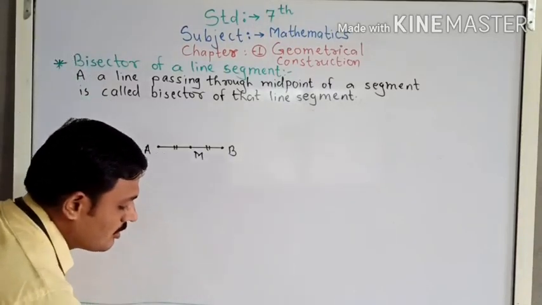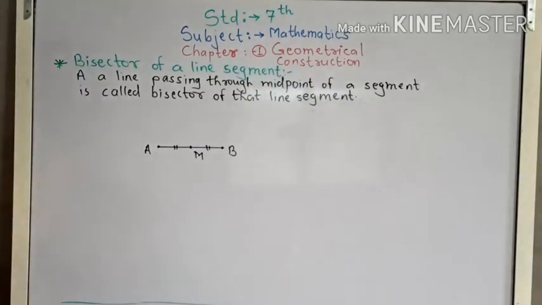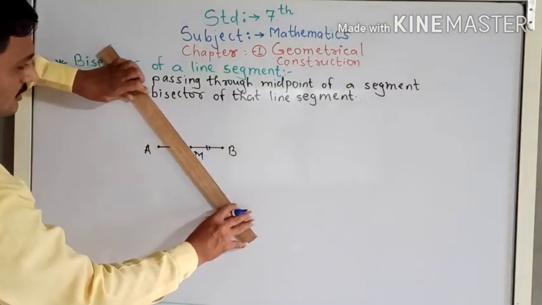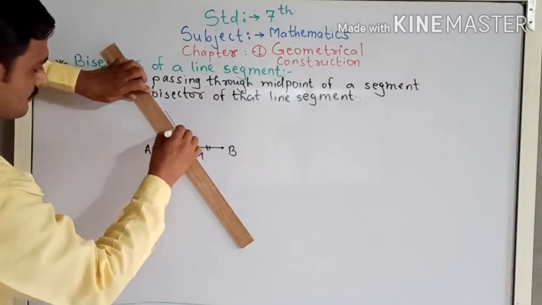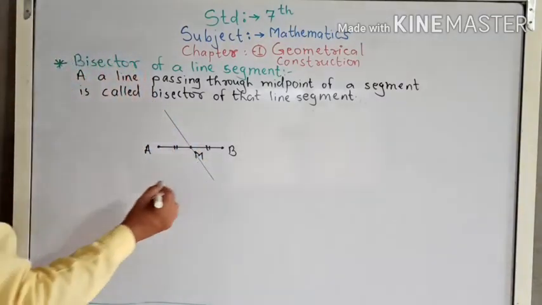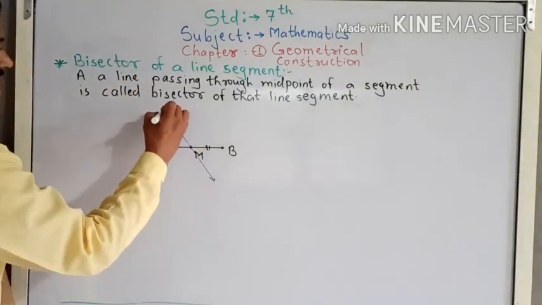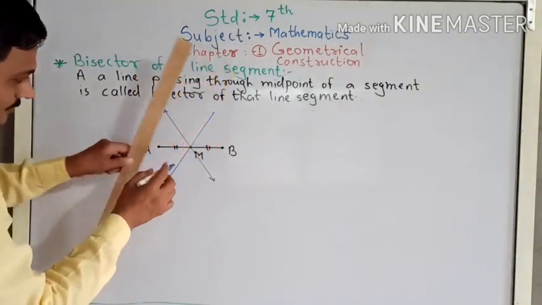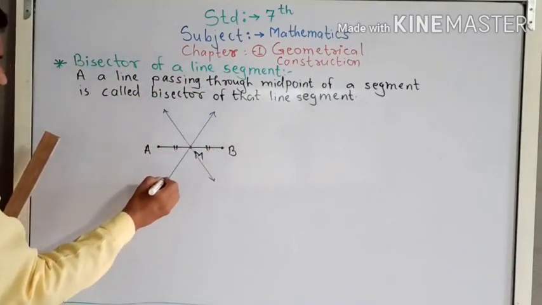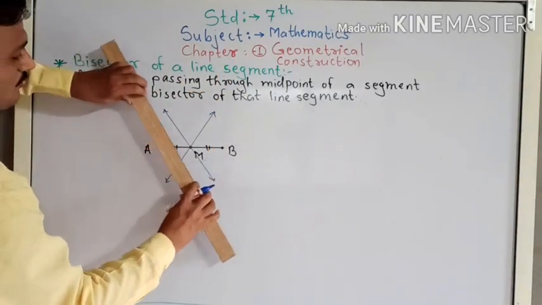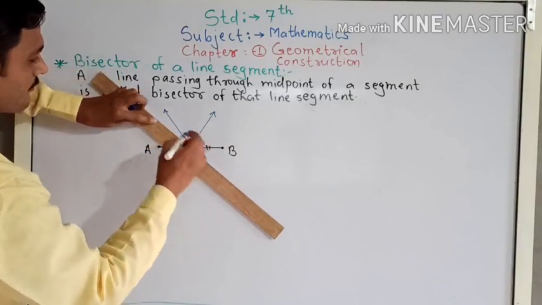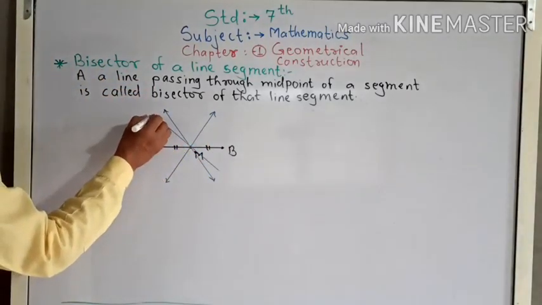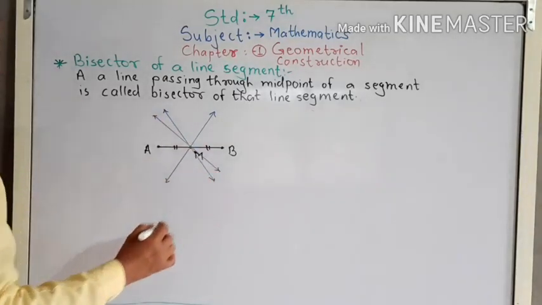A line which passes through the midpoint of a segment, this one is a line. This line passes through the midpoint, and this another line also passes through the midpoint, and this another line also passes through the midpoint M. That means innumerable lines can be drawn through the midpoint.